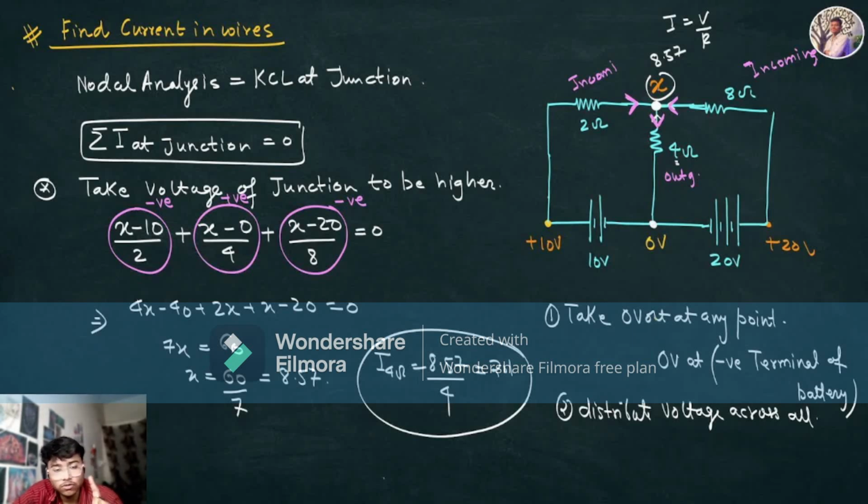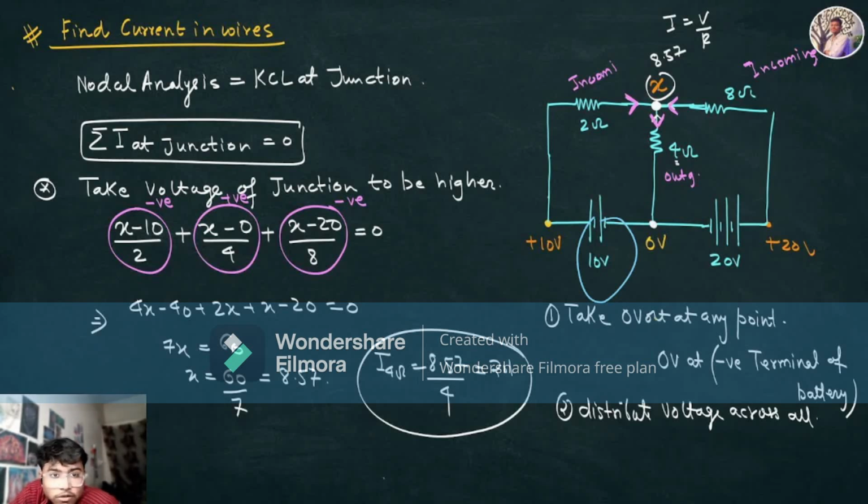If you take the node as x, then the current in this branch will be x minus 10 upon 2.